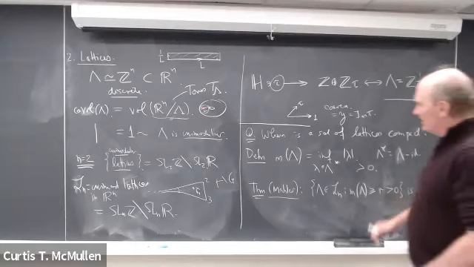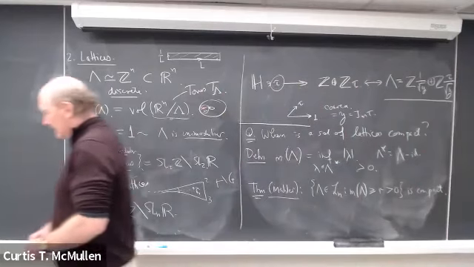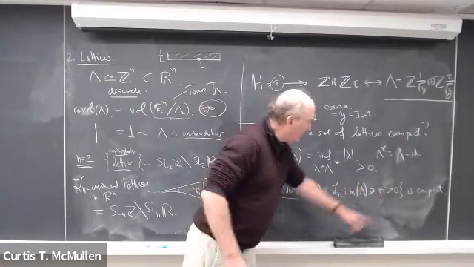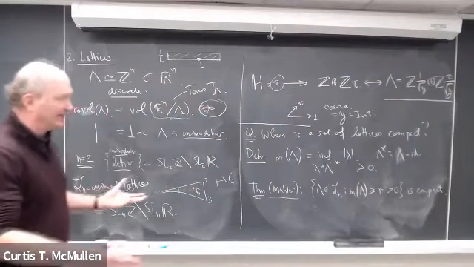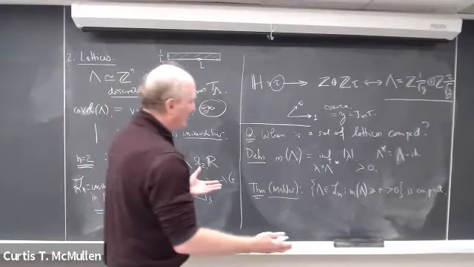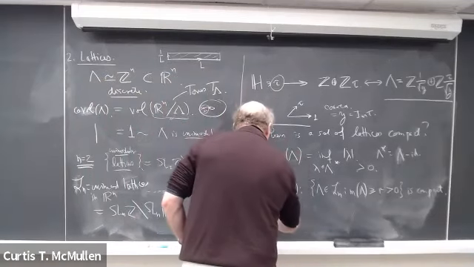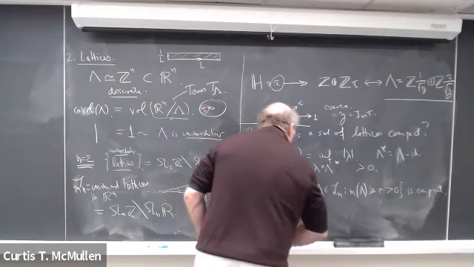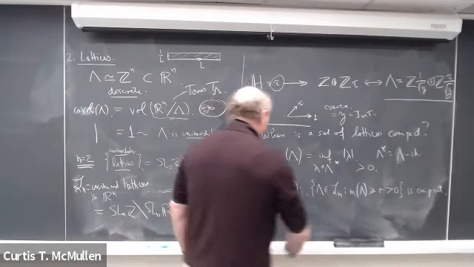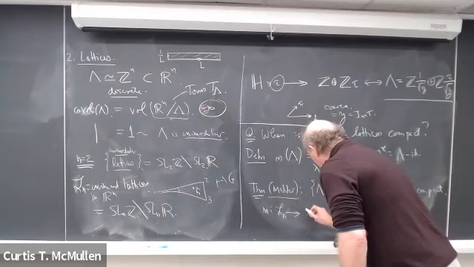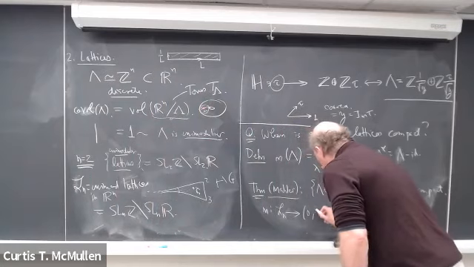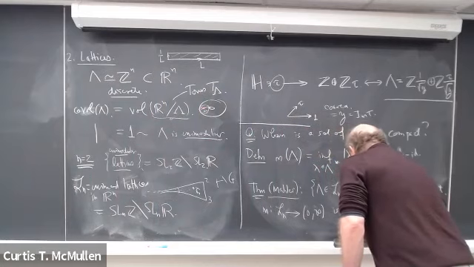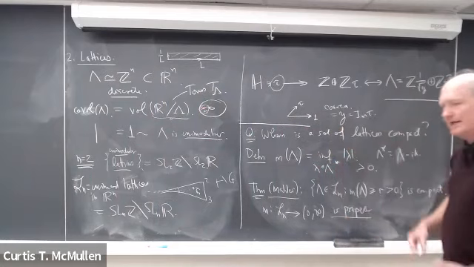And moreover, these compact sets determined by each r exhaust the space of lattices. So a fancier way to put it is that m from the space of lattices to the real line with the origin removed, to (0, infinity), is proper. That is, the preimage of any compact set is compact.